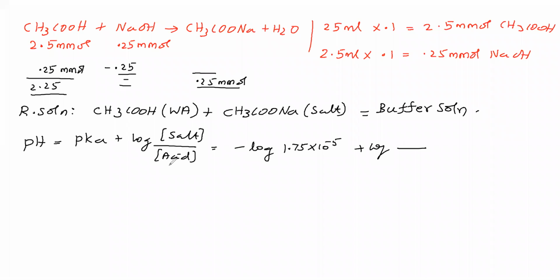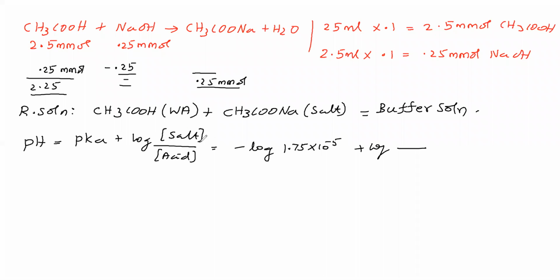This is a concentration ratio. This concentration ratio we can even call the mole ratio, the number of moles ratio, because here the denominator volume will get cancelled. They are both present in the same solution, so the volume for both will be the same. Therefore we need not substitute concentration or volume, we can substitute the mole ratio, that is enough.